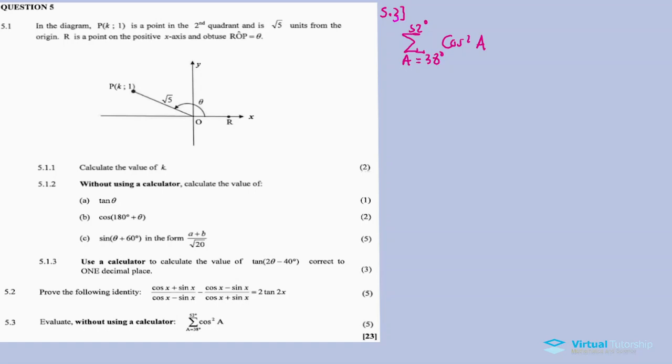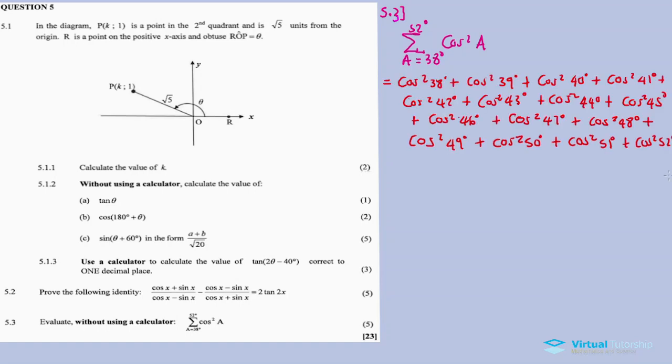It will be cos squared 38 degrees, 39 degrees, 40 degrees. Remember, I start with 38 degrees, followed by 39, 40, 41, 42, 43, all the way up to 52 degrees. Remember, without using a calculator.